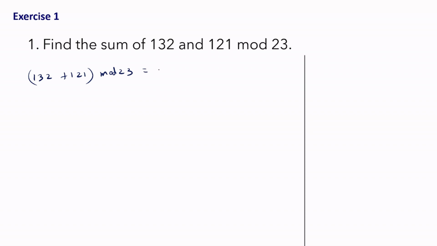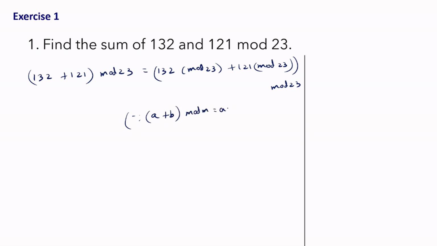According to that property, this is equal to 132 mod 23 plus 121 mod 23, all mod 23. This is using the addition property, since a plus b mod m is equal to a mod m plus b mod m, mod m.